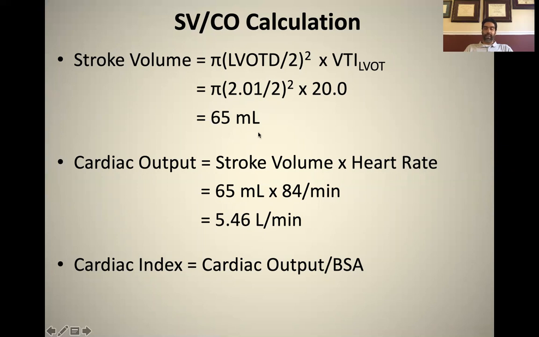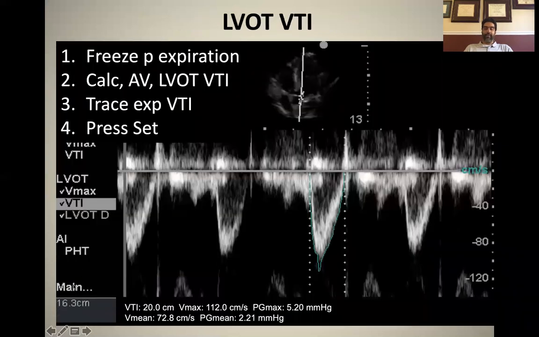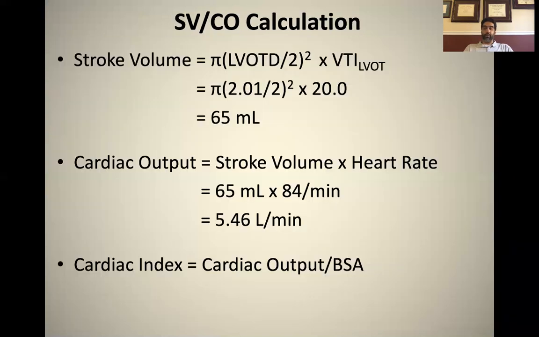We can then go back, and if we go down to main, it'll give us an option for heart rate, and that will give you 2 lines, and you want to put one line at the beginning of one curve and another line at the beginning of the next curve, and that will give you your heart rate. You can plug that in to get your cardiac output.